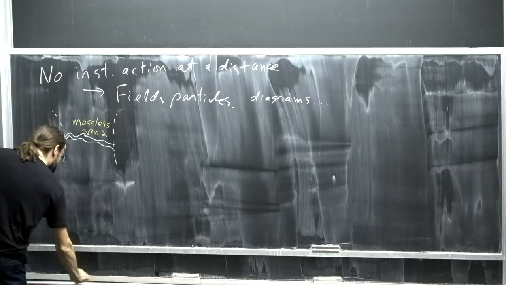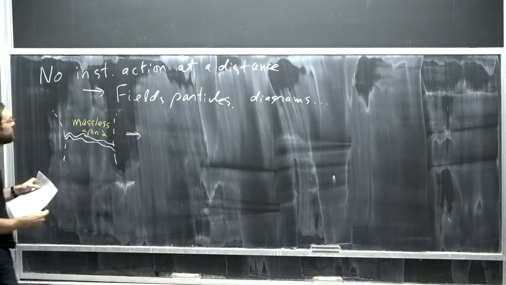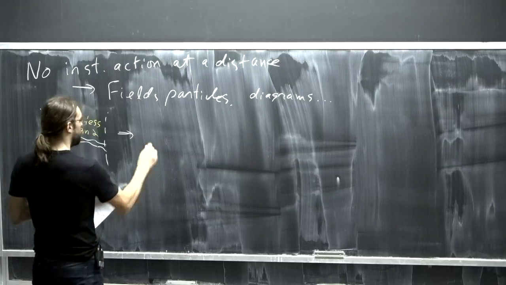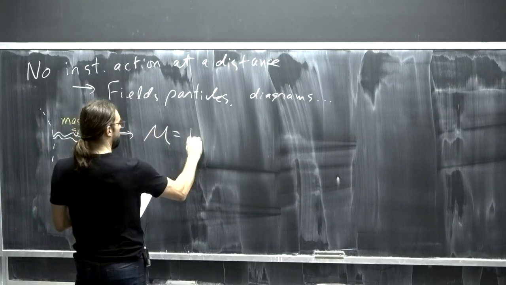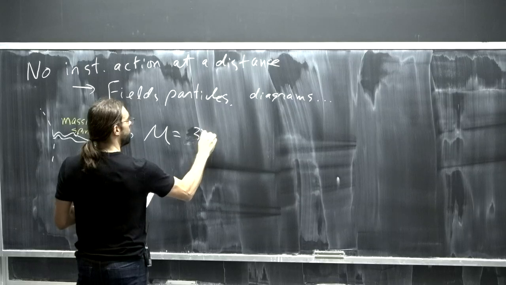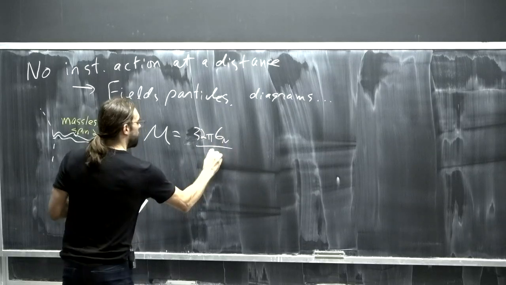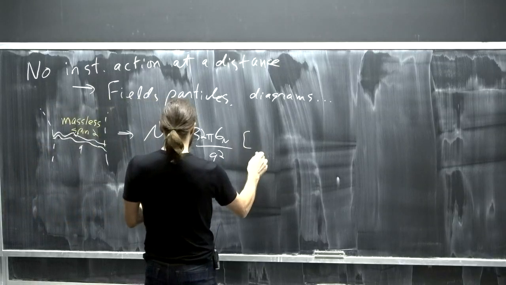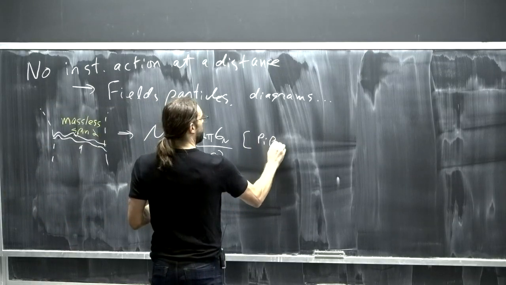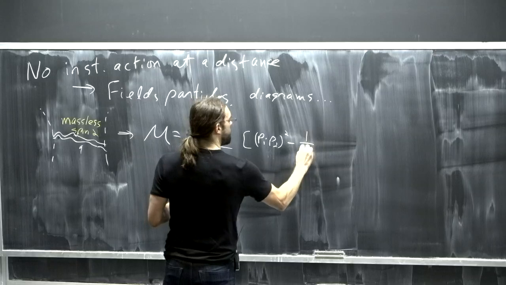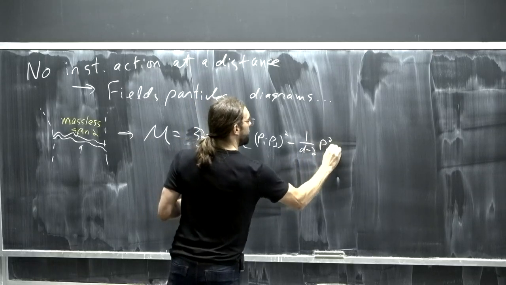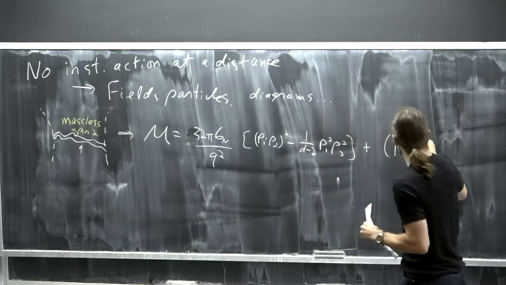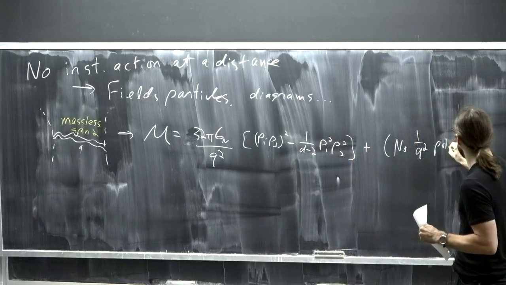We saw that this kinematic statement was essentially equivalent to saying that this amplitude at the pole had some coefficient that turned out to be 32 pi G Newton over q squared, where q is this momentum, times something that was (p1 dot p2) squared minus 1 over (d minus 2) p1 squared p2 squared, plus terms with no pole in that channel.